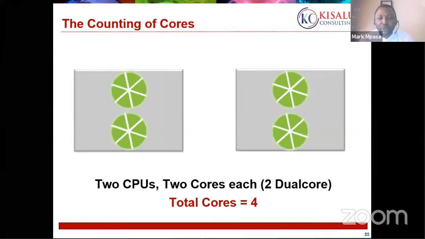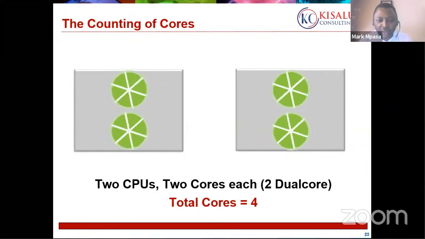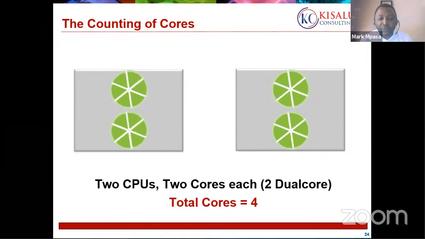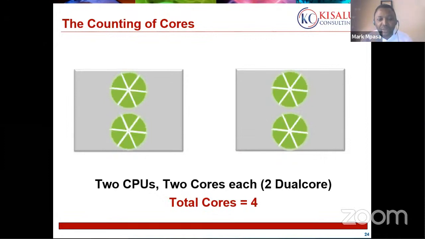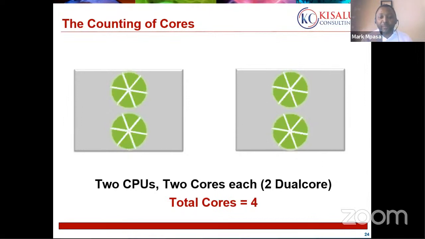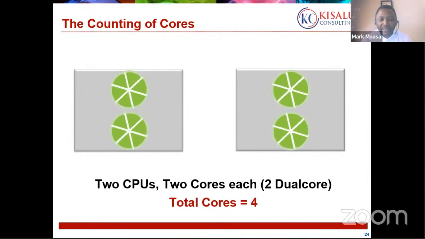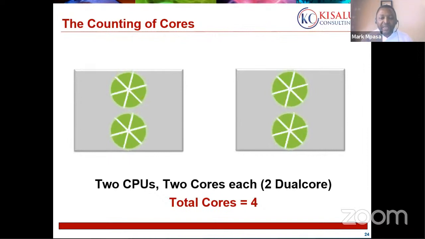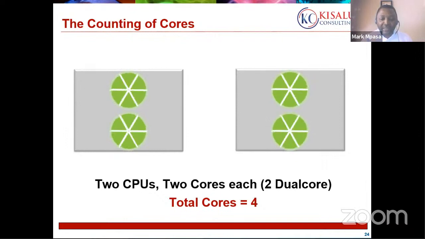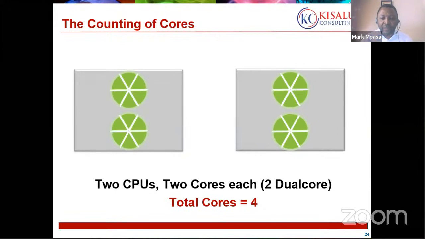The race continued, so people could get two slots of CPUs. Then if we have two CPUs and each of the CPUs has two cores in it, it means that system or that partition, which has two dual cores, will have to be licensed for 4 cores in terms of PVU.